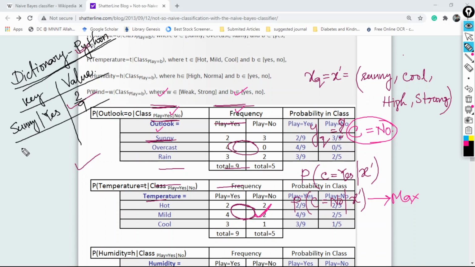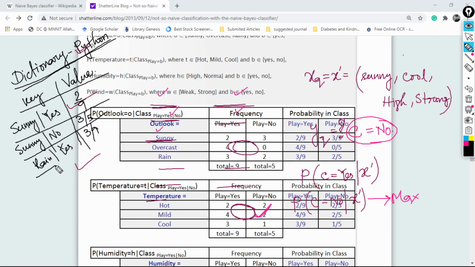Similarly for Sunny, no: this value will be key, and this value will be Sunny, no, 3 by 5. Similarly Rain, yes, this value will be 3 by 9.